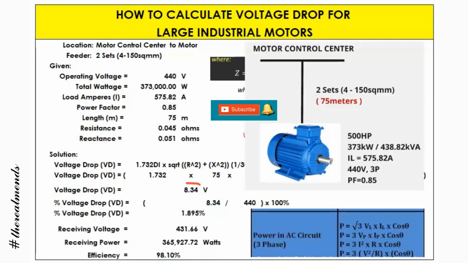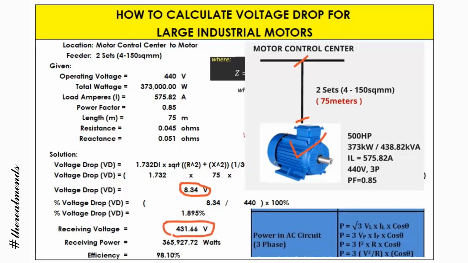Yung voltage drop natin is 8.34 volts. So that is the parang losses of our conductor from this point to the load. So meron siyang 8.34 volts. And then the receiving voltage natin, itong natanggap ni motor, is 431.66 volts.